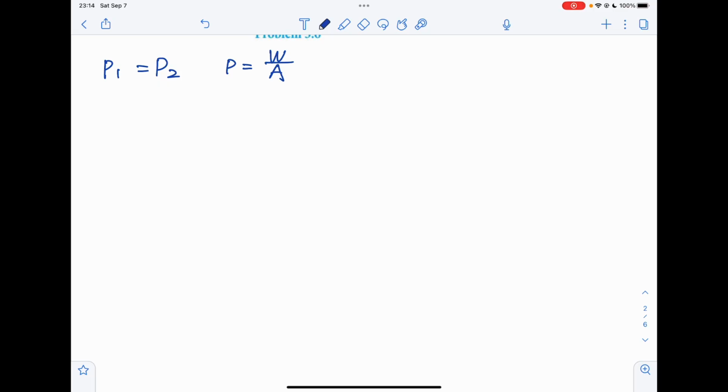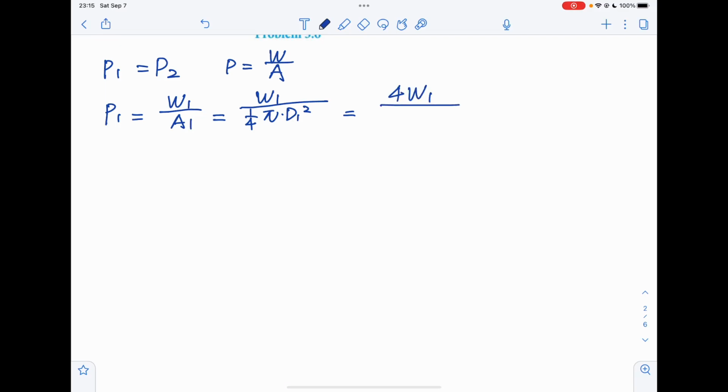So for P1, we will have W1 over area 1, so it gives us W1 times 1/4 times pi D1 squared, so we will have 4 W1 over pi D1 squared.